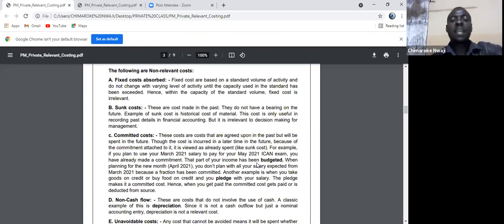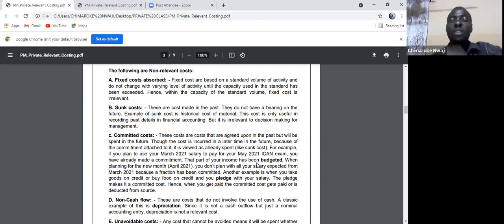You don't plan with all the money you're going to receive that period. You only plan with the remainder. Let's say your salary is 100,000, for example, and the exam is 30,000. You don't plan with the whole 100,000. You usually plan with the remaining 70,000 because the 30,000 has been committed.